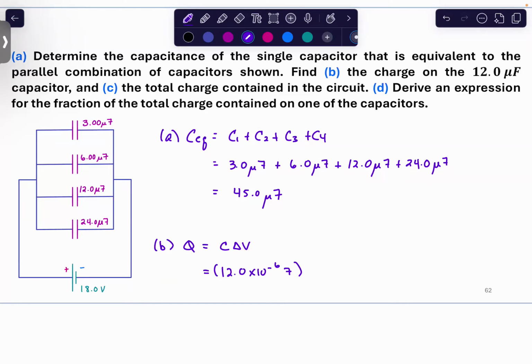If they're in parallel, they always have the same delta V. If they're in series, they have the same current and the same charge. Parallel will have different currents because, of course, at the junction the current is going to split.